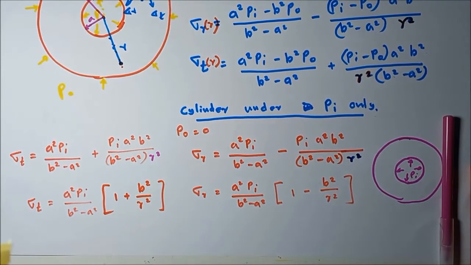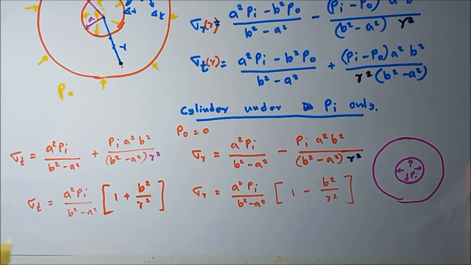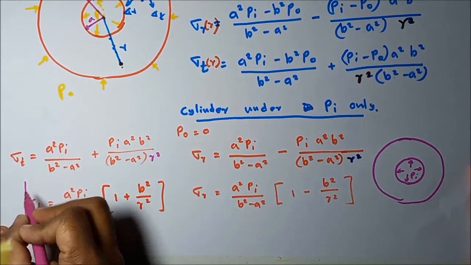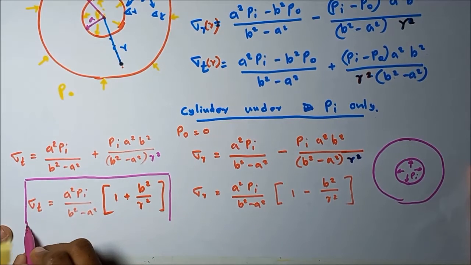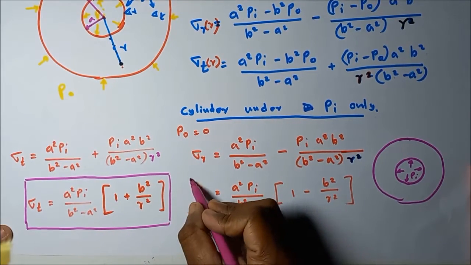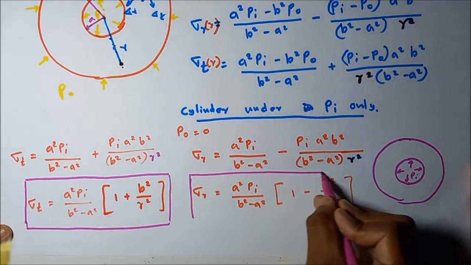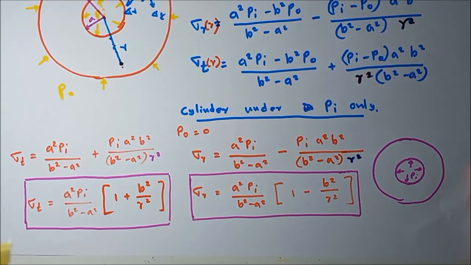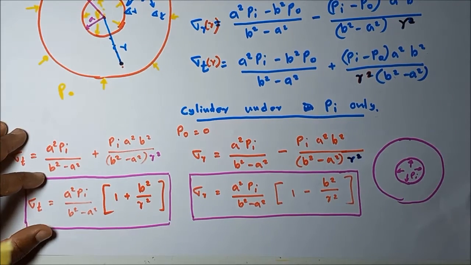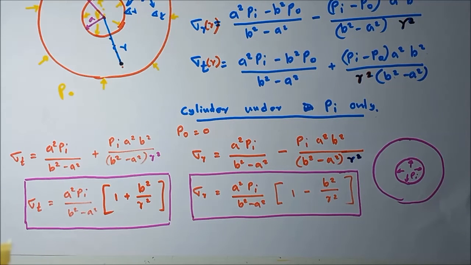And these are the two equations we can use to calculate the tangential stress and the radial stress where the cylinder is subjected to an internal pressure only situation. Then let me draw how the stress varies.